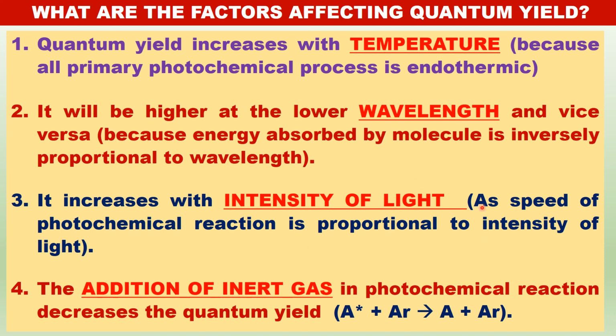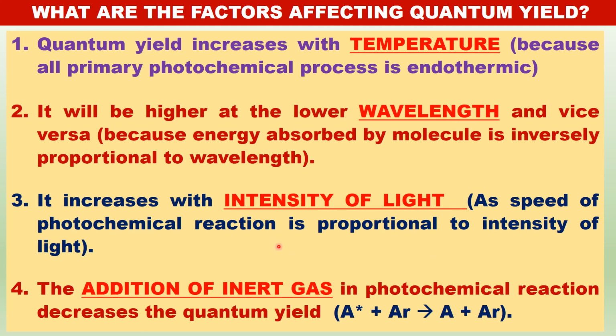Another factor is the intensity of light. The quantum yield increases with the intensity of light. For example, a laser beam consists of a lot of concentrated photons of monochromatic wavelength. If one molecule absorbs one photon, then it is called a monophotonic process.